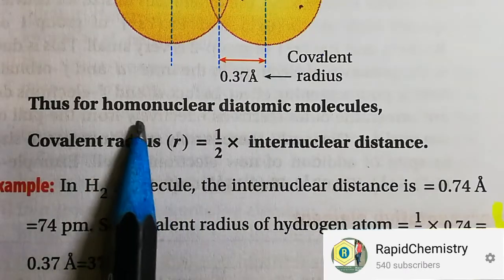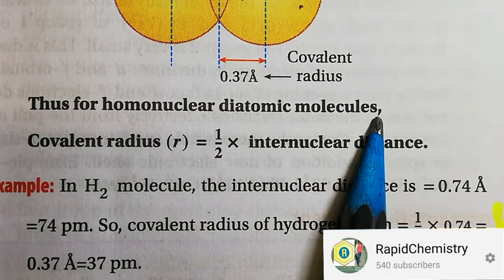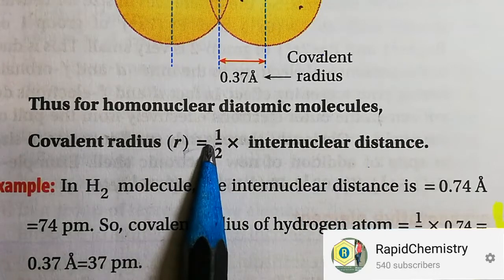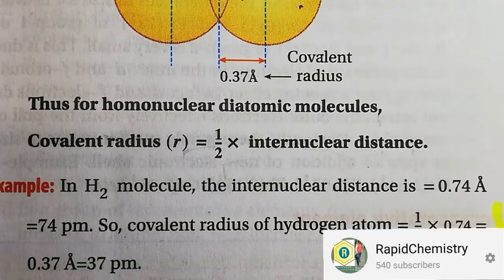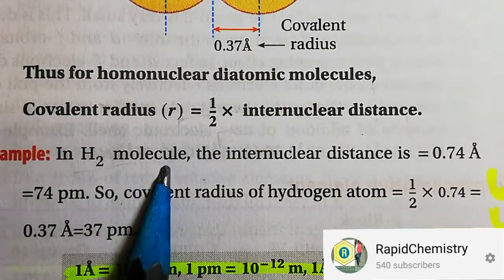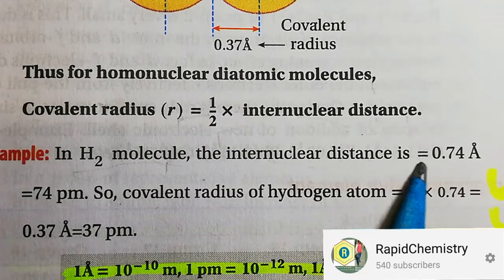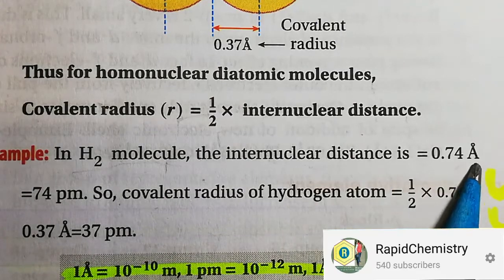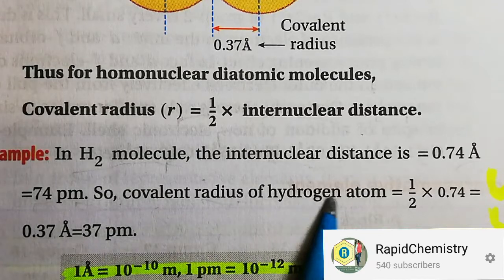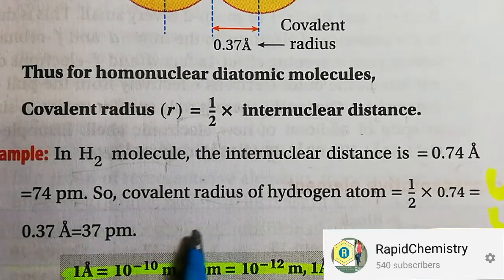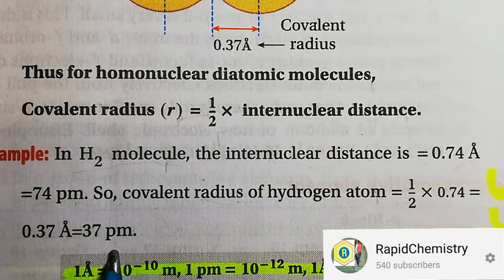Thus, for homonuclear diatomic molecules, covalent radius would be half of internuclear distance. For example, in H2 molecule, the internuclear distance is found to be 0.74 angstrom, that is 74 pm. So covalent radius of hydrogen atom would be half of that, that is 37 pm or picometer.